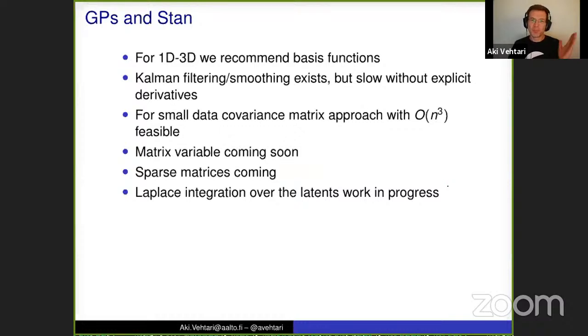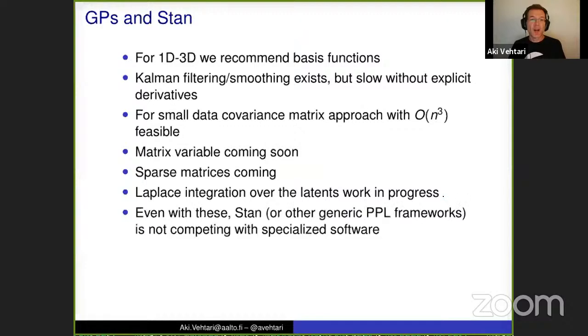So yeah, autodiff being automatic means that, like here, a PhD student did years' worth of work and was able to publish it in a NeurIPS-type autodiff paper. And even with these things that are coming, Stan or other generic probabilistic programming frameworks are not competing with specialized software.